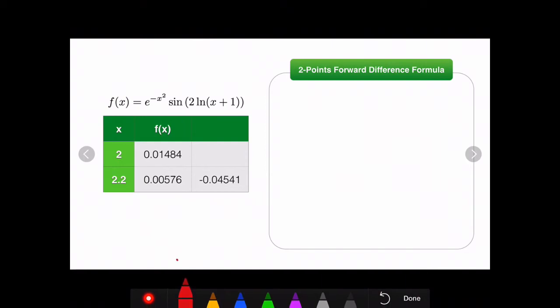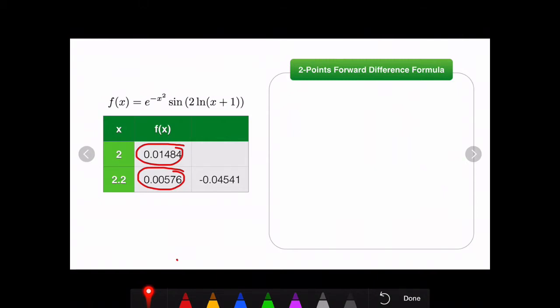These values come from the formula f(x) here. What you need to do is just substitute the x value, let's say your x equals 2, into the function and you get the answer. The same thing for this one: just substitute x equals 2.2 into your f(x) function, and this is already given in your question.